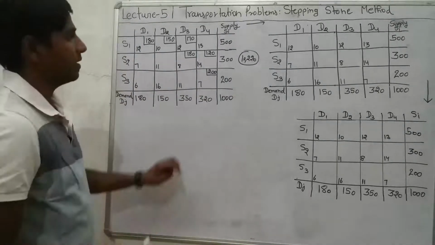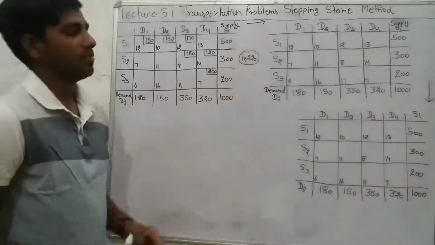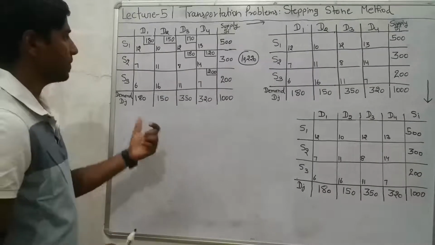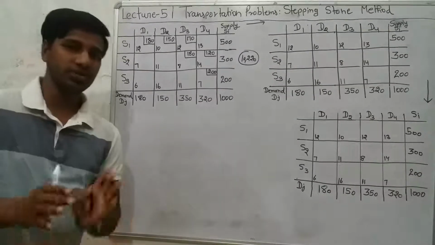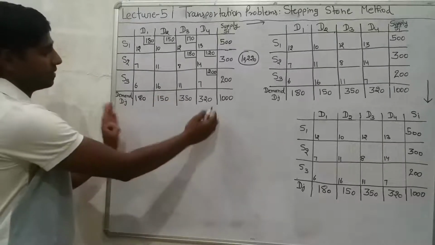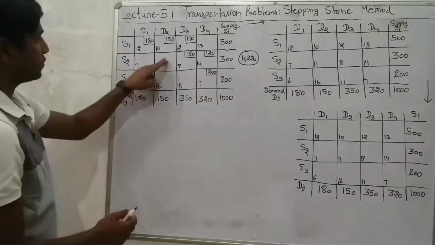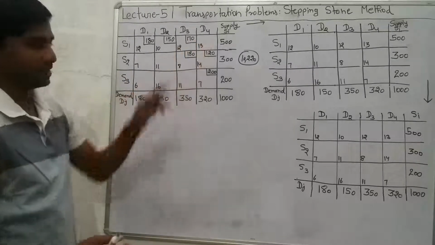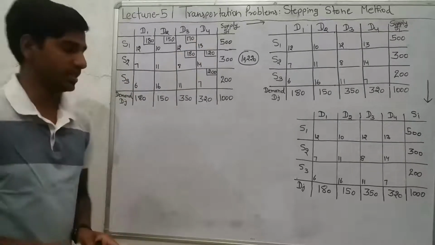Basically, in the stepping stone method, we need to calculate the opportunity cost of all the empty cells. You can see here in this table we have 1, 2, 3, 4, 5 and 6 unoccupied cells, or non-basic variables.